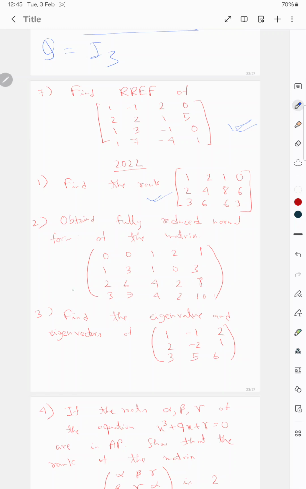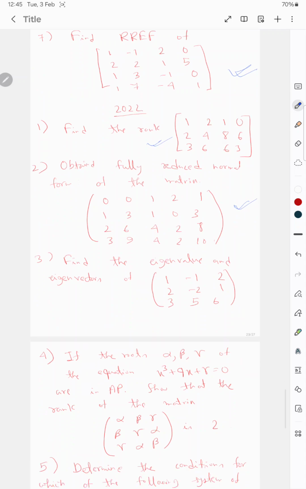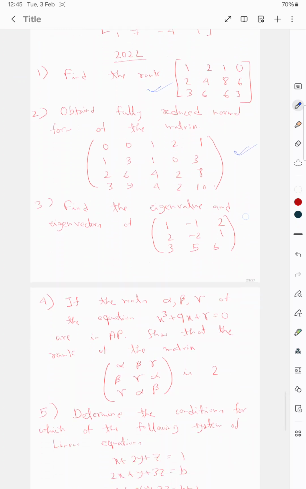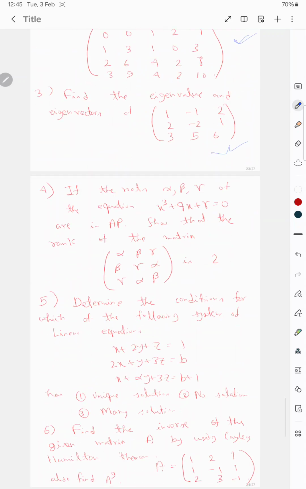Find the full reduced normal form, already we have seen how to do normal form, full reduced normal form you have to do. So here basically you have to do the column and row, then the column. And here you have to find the eigenvalue, eigenvector, so you can do this type of problem.